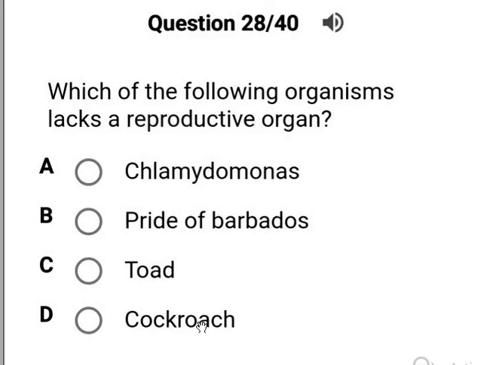Chlamydomonas is a unicellular organism, hence it lacks organs of any kind, so it is the one that lacks reproductive organs. The cockroach, toad, and frog all have the ability to produce reproductive organs. So A is the answer.